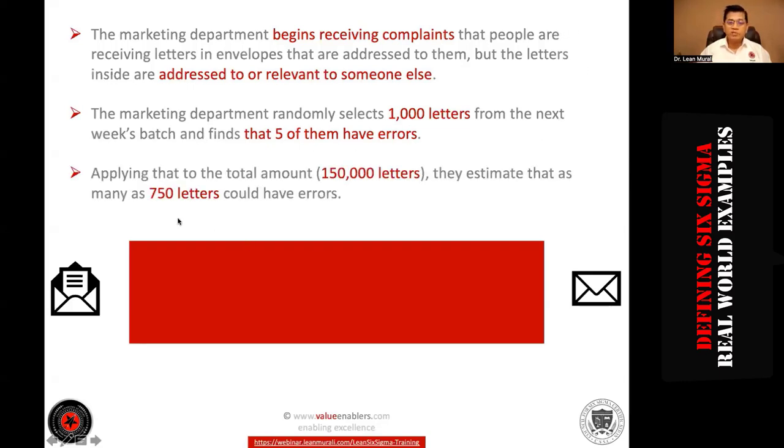So applying to the total amount of 1.5 lakh, you can multiply that with 150. So 150 into 5 is 750 letters that could have errors. If you are with me so far, type WU with you in the chat box, because this is where people might miss the bus if you don't focus. 1,000 letters could be taken and 5 of them had errors.